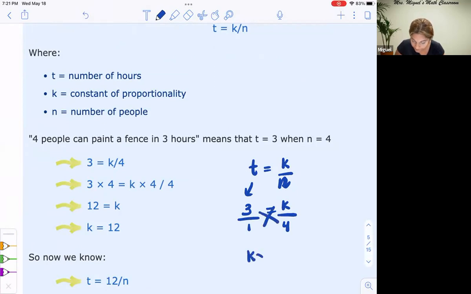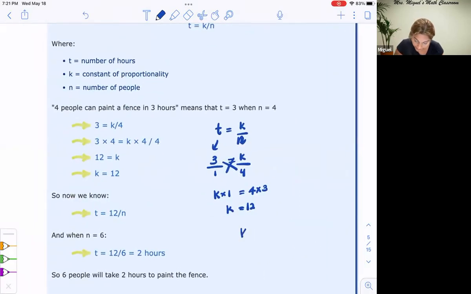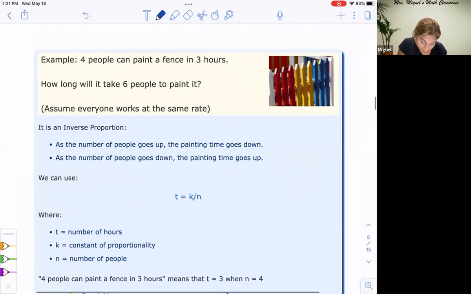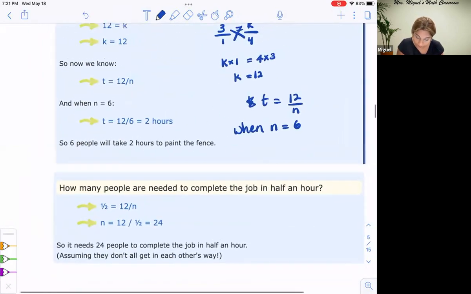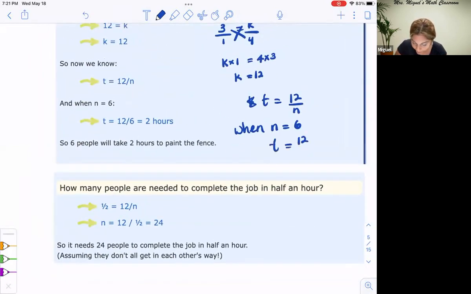So k is 4 multiplied by 3. So k is equal to 12. So the equation becomes T equals 12 over N. When N is 6, because from 4 persons I want to use 6 people now, T is equal to 12 over 6, which is 2 hours.